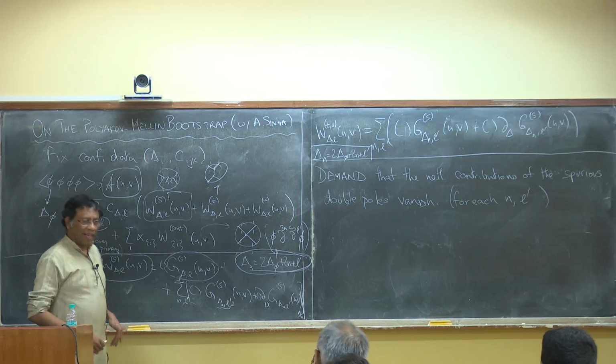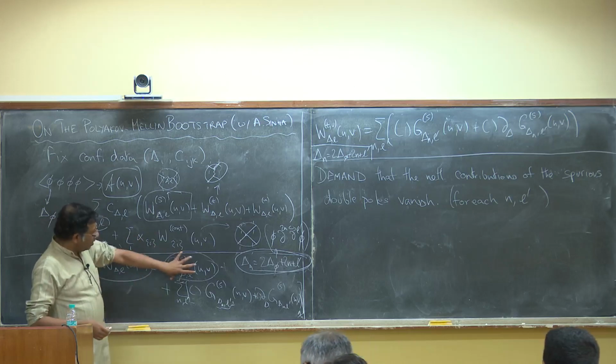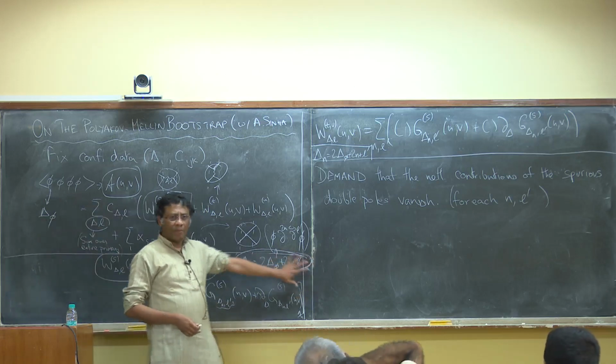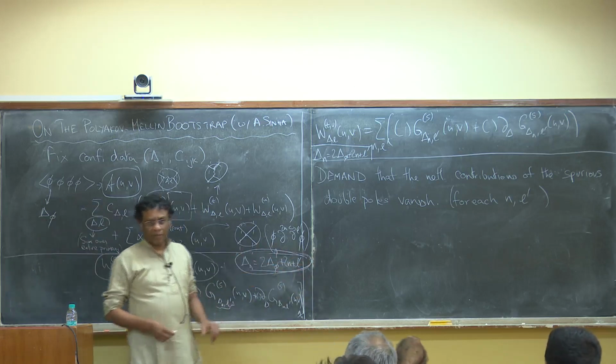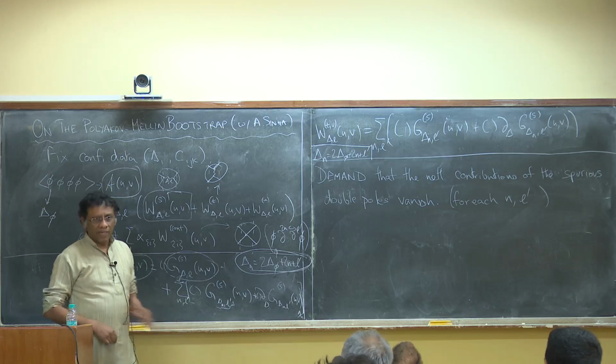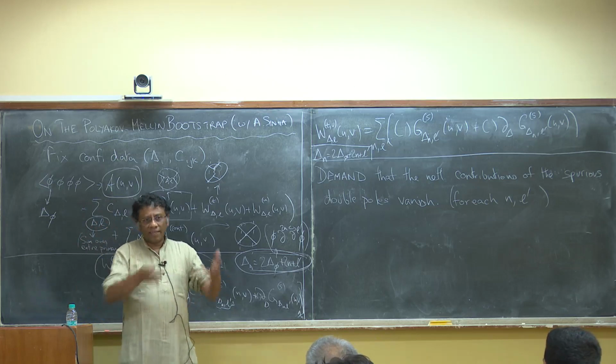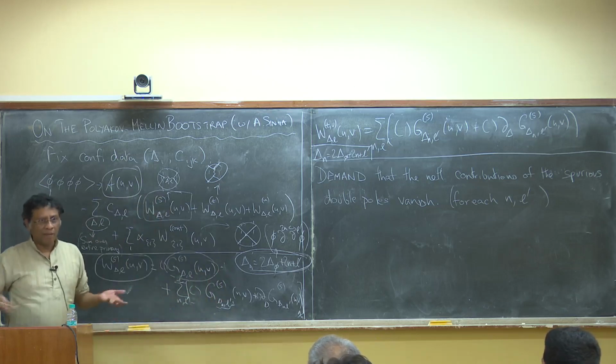But in the normal case, you have only a sum over the physical primaries. And as I said, barring exceptions, these are not in the spectrum. So their net contribution should vanish, because they are not in general in the spectrum. When I expand the full 4-point function, they shouldn't be appearing.